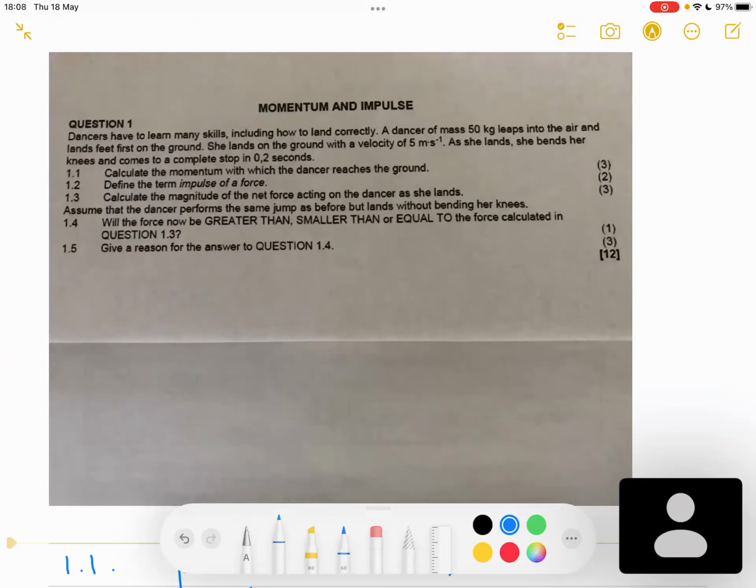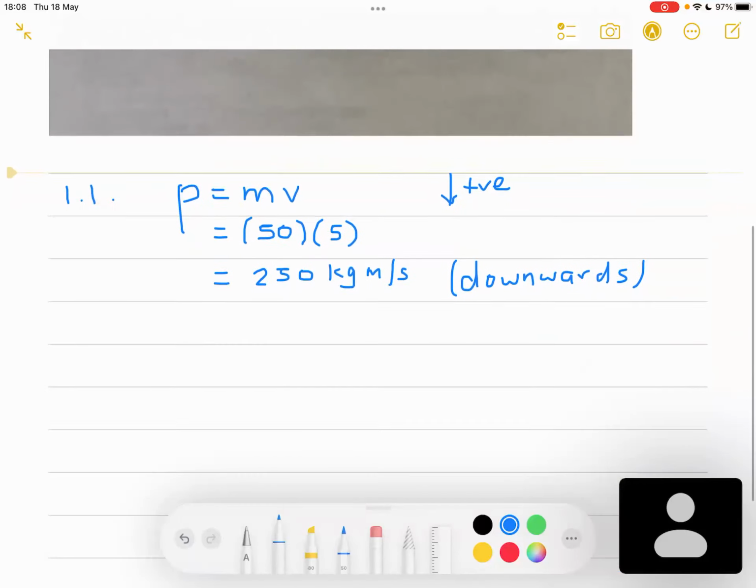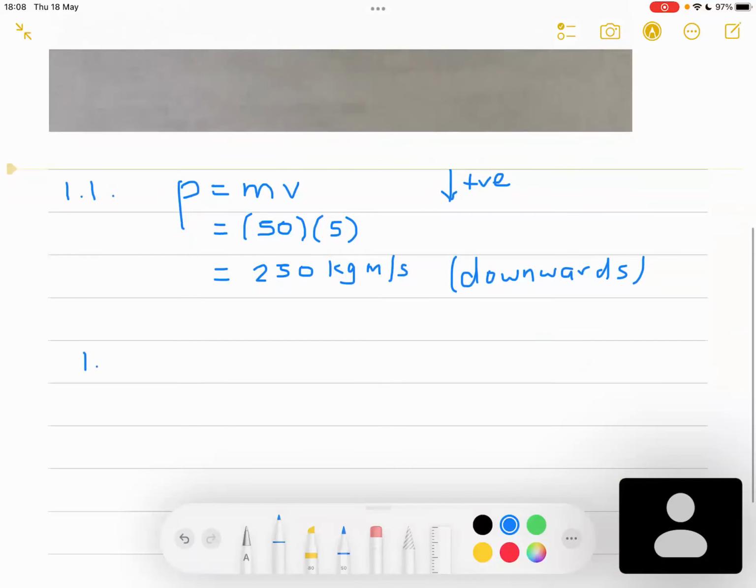1.2 says, define the term impulse of a force. Okay, so what is the impulse of a force? It's just the product of the net force and the time interval during which the force acts.